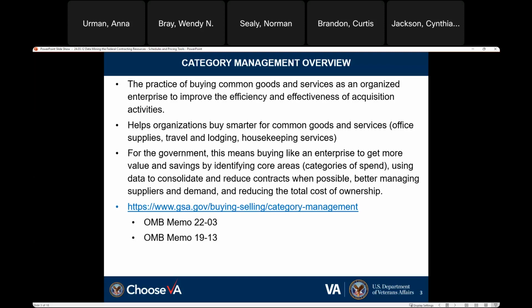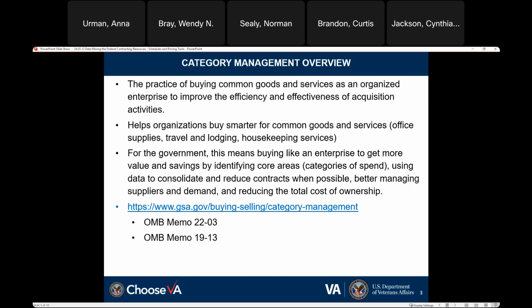Also under the OMB Memo 22-03, President Biden has determined that some of those contract incentives, like the best-in-class contracts, they spend under management, larger contracts, as government agencies use those larger contracts to aggregate demand.